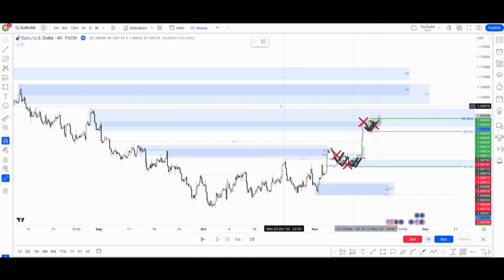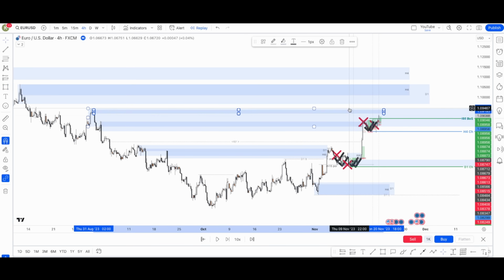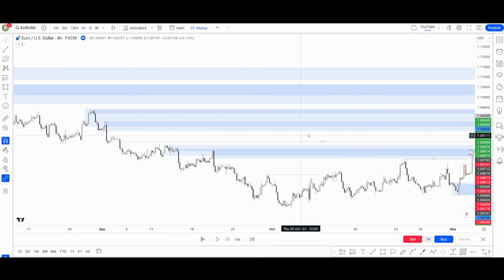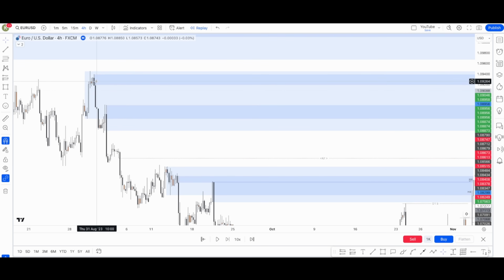So there's a couple of H4s above us. There's one which we're kind of at the moment. It's not fantastic at all. Might remove that because it's not that solid. I'm just going to zoom in. Didn't really sweep.